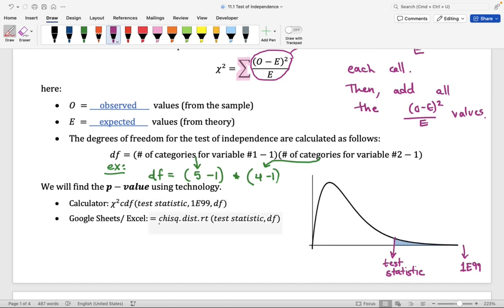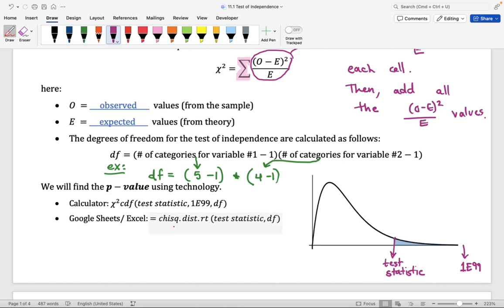On Google Sheets and Excel, we're going to be using the function equal CHISQ, which stands for chi-square, .DIST, which stands for distribution, .RT, RT stands for the right tail, and then we're going to open a parenthesis, enter the test statistic, and then enter the degrees of freedom.